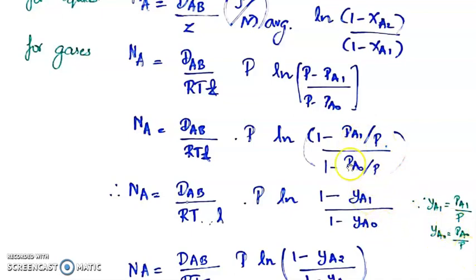Here it should be noted that we assume that the diffusion is taking place from location 0 to 1, and the partial pressure of A at location 0 is denoted by PA0 and the partial pressure of A at location 1 is represented as PA1.